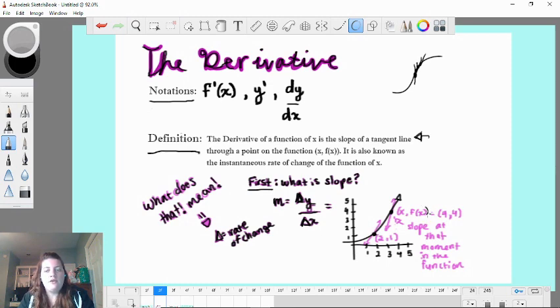So in this case, for this one, at 4, 4, that tangent line goes through 4, 4, and so does the function. And you use that tangent line to find that slope there, right at that moment. So here's another example right here with the tangent line at 2, 1. It shares that point with the function, and its slope is going upwards in a positive direction.